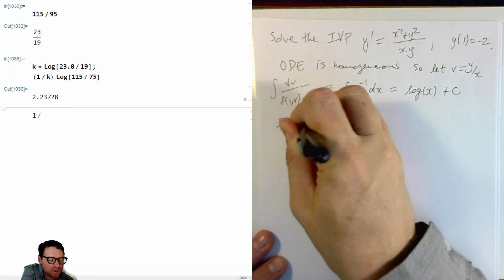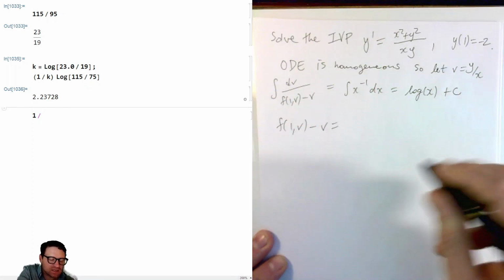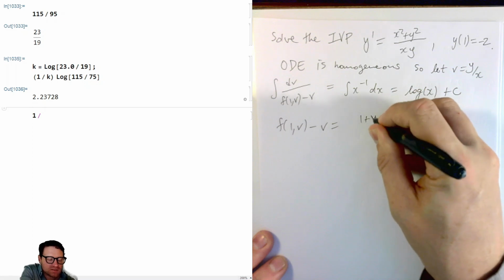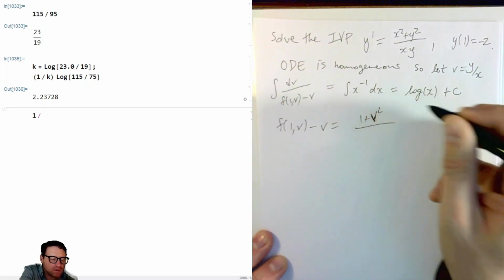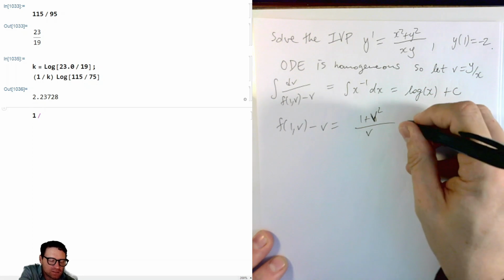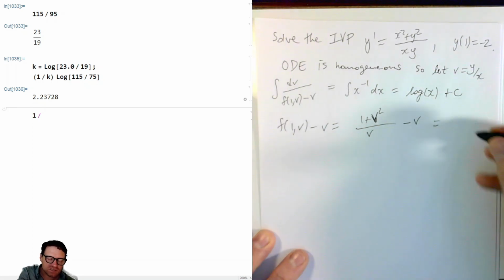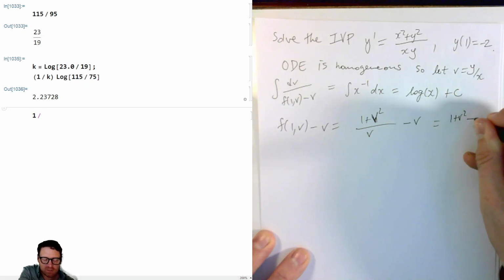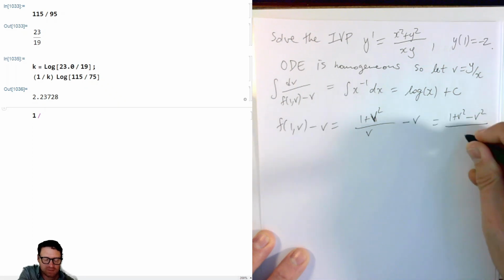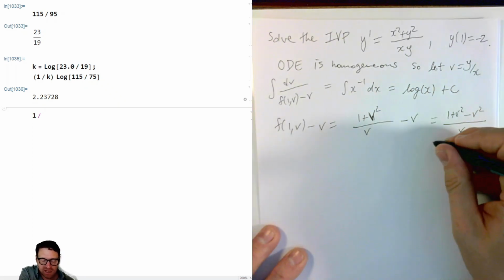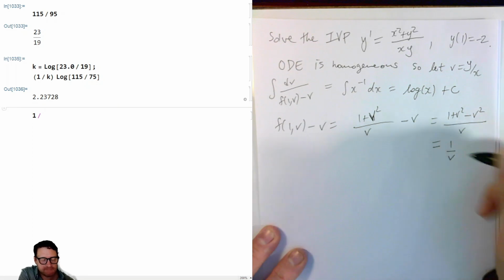So f of 1 comma v minus v is 1 plus v squared over v, subtract v, which gives us 1 plus v squared minus v squared all over v. So it looks like we get 1 over v for that.